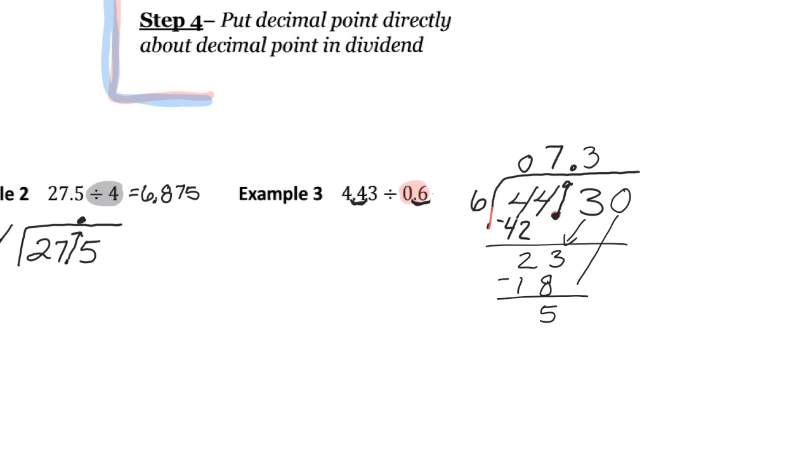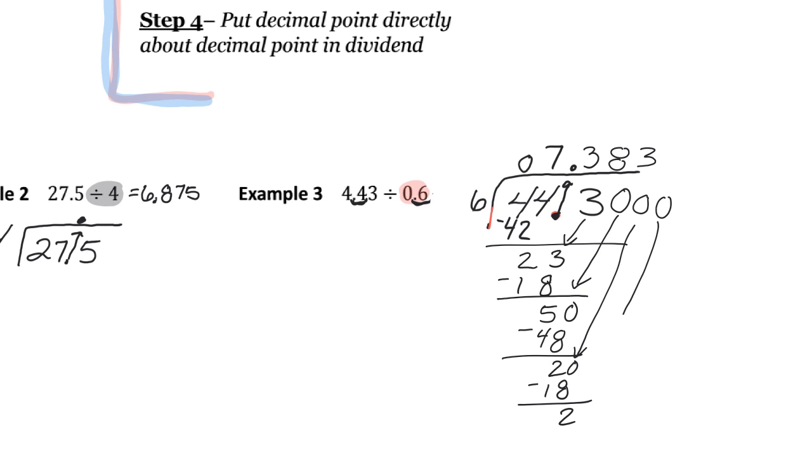Don't forget, you can just start to add zeros. Okay, and keep on going until hopefully we get down to 0. So hopefully you're doing what I'm doing, which is trying to get that down to 0.